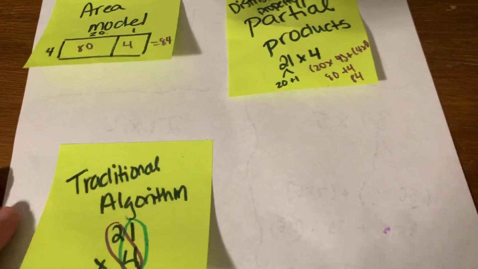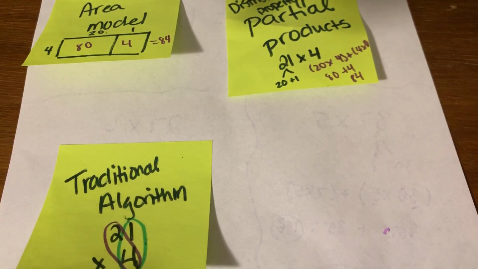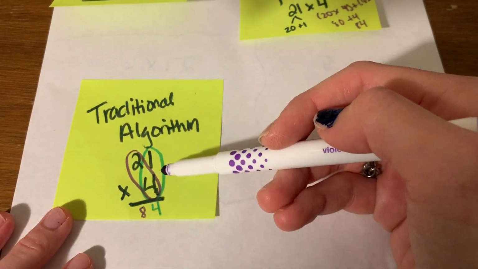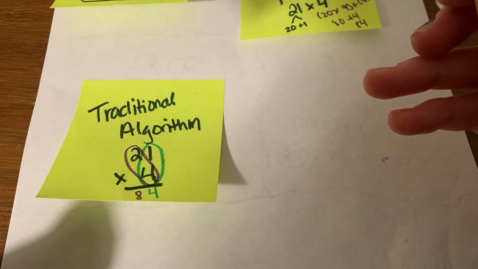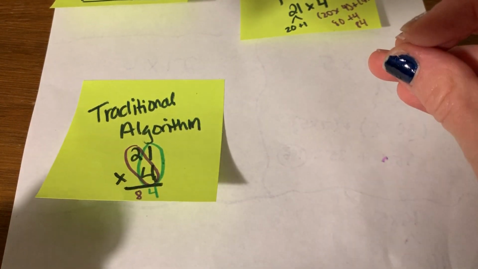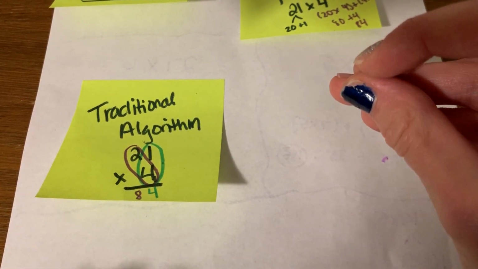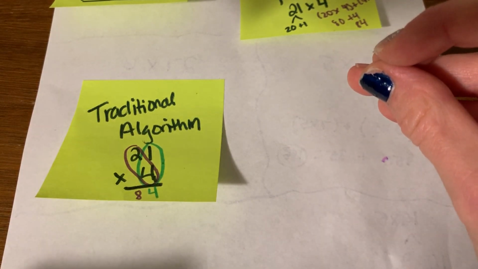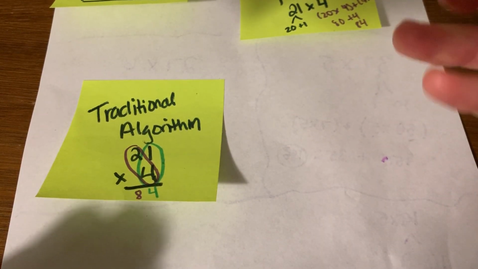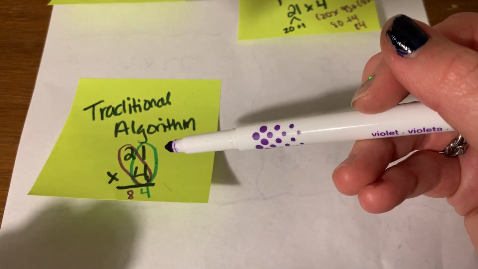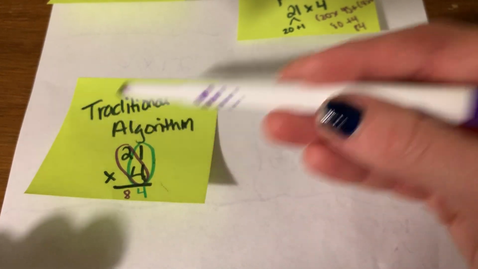I got the same answer. I just did it 3 different ways. In this case, I'm just not showing you explicitly how I'm breaking up the numbers into the different place values with expanded form. I'm just doing it in these 2 steps.